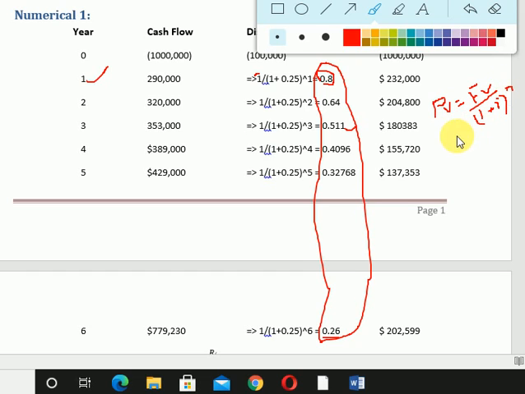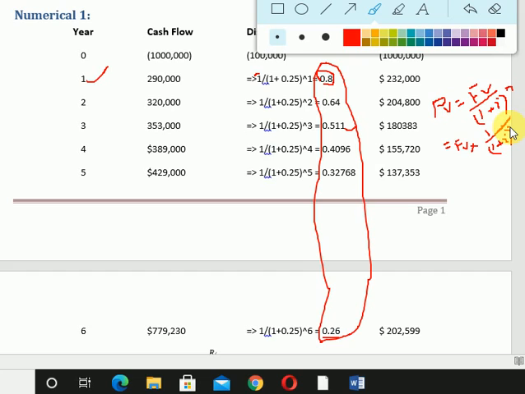We can also write this formula like this: future value FV multiplied by 1 divided by (1 plus I) raised to the power n.